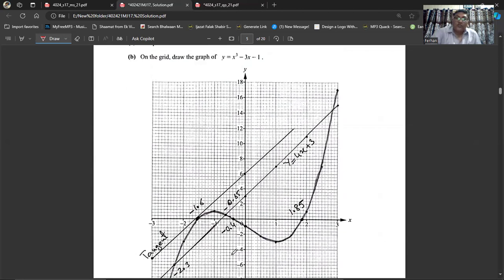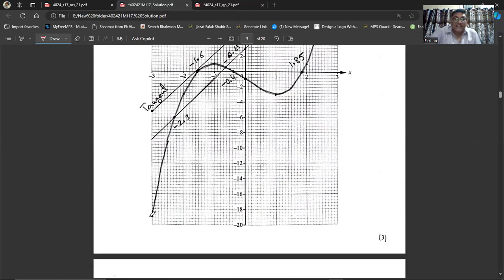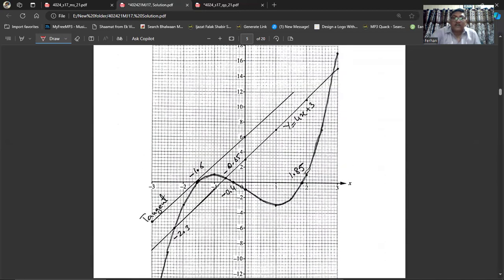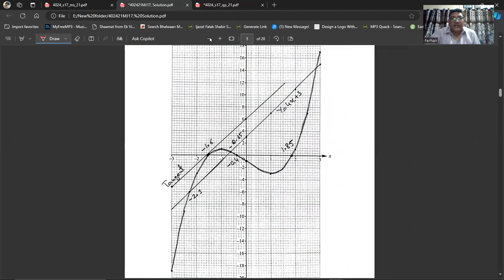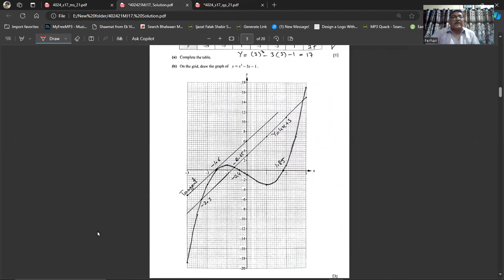So I have taken all those points. Then I join them with a smooth curve like this. And you know, this is a standard graph for cubic equations. Okay. So I hope you will be able to do it.